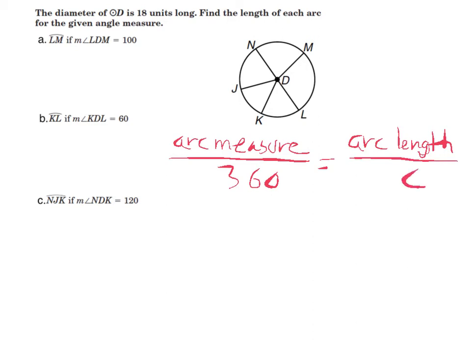So the measure of the arc is equal to the measure of the central angle. So my central angle here, angle LDM, is 100. So the measure of my arc is 100.